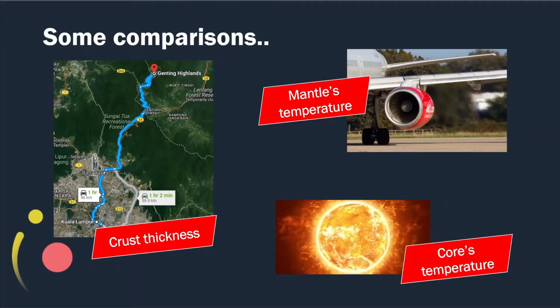The surface is the same temperature as our Earth core. To me, this is an interesting fact. So whenever you try to remember the temperature or the thickness, at least this gives you some idea, guys.